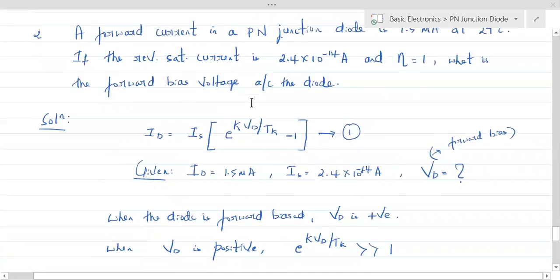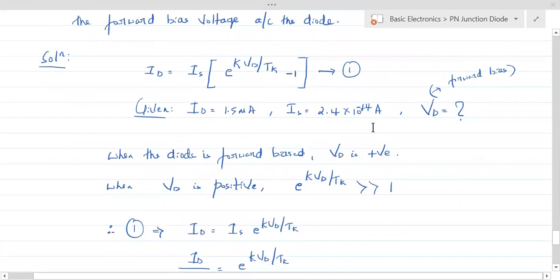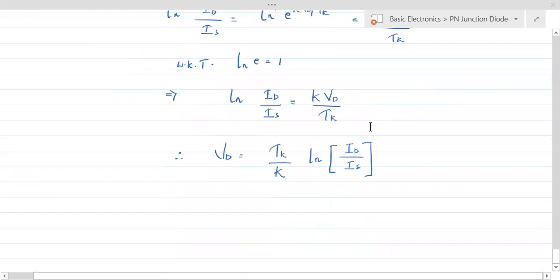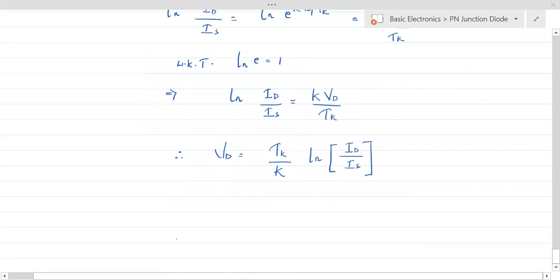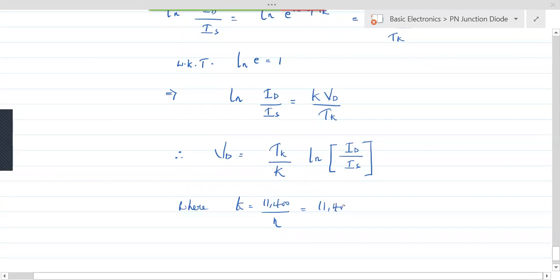See, in the problem, it is given to be 1. So we need to find out all that. So it's 11,600.